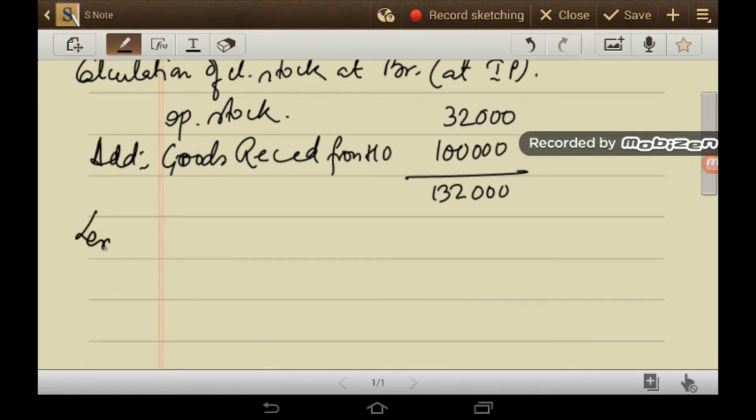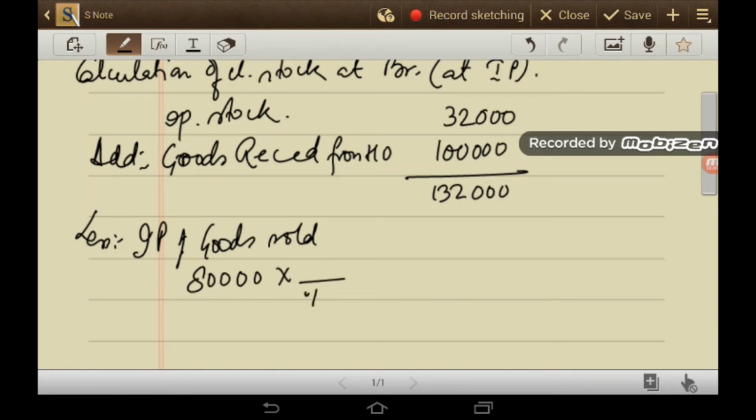Less invoice price of goods sold. So what is the sale value at branch? 80,000, and this represents 200 rupees because sales is made at the list price. So what is the invoice price? Just multiply it by 160. So this is 64,000.